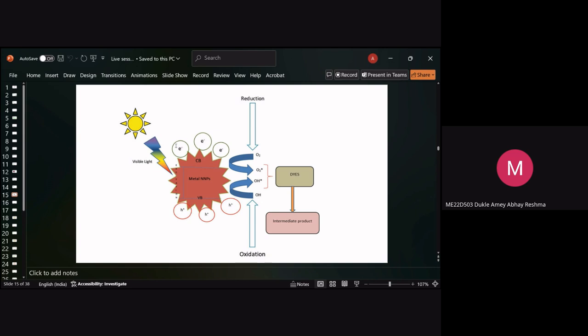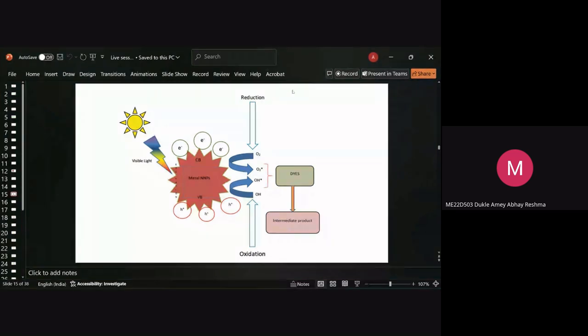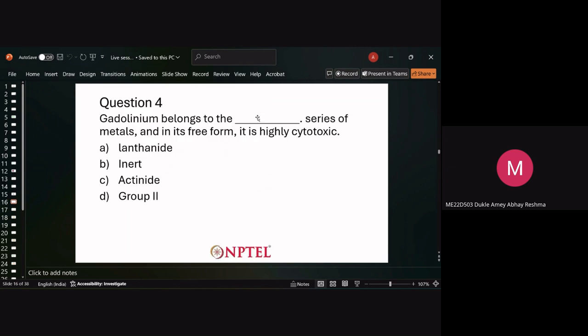That combination is used, and it acts as a redox reaction. It will speed up the oxidation of the methyl orange dye. Okay, moving to the next question.